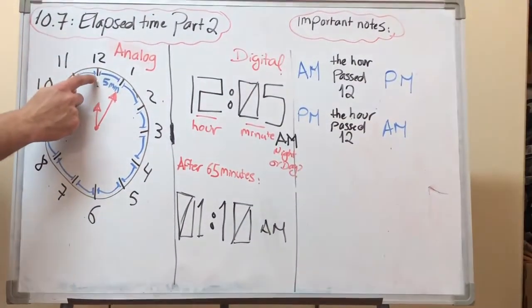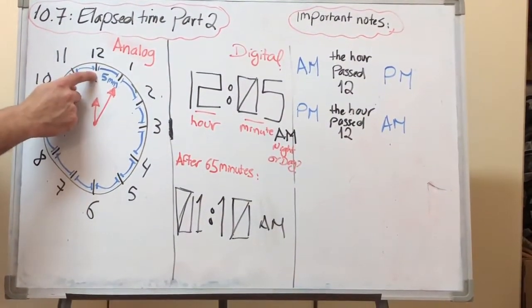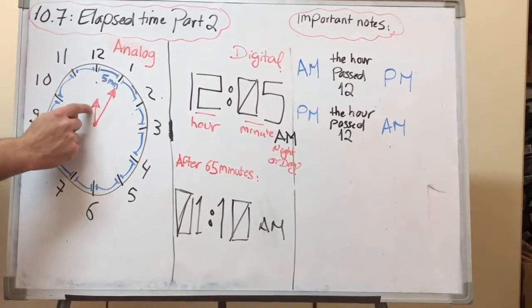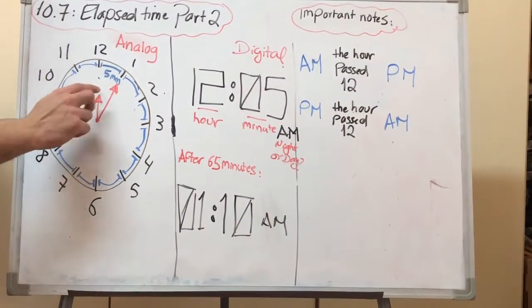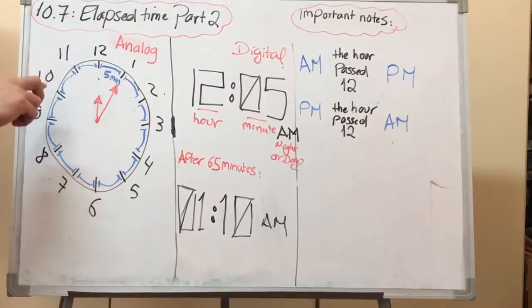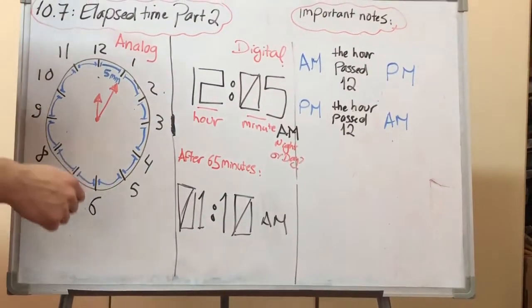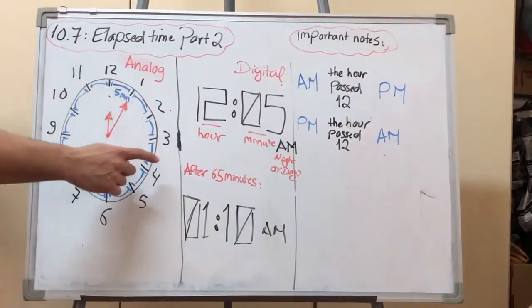So if the small arrow is standing at 12 and goes the whole way around and strikes 12 again, the day changes from night to day or from day to night.